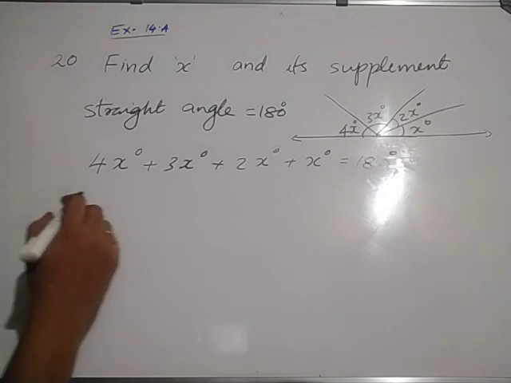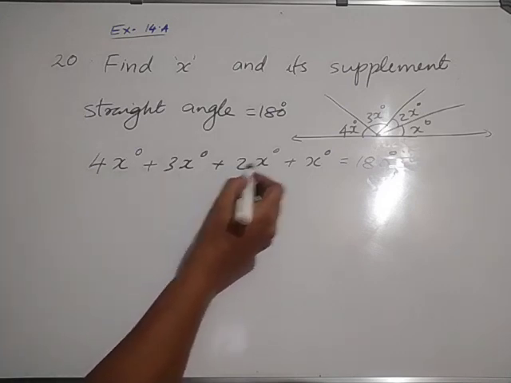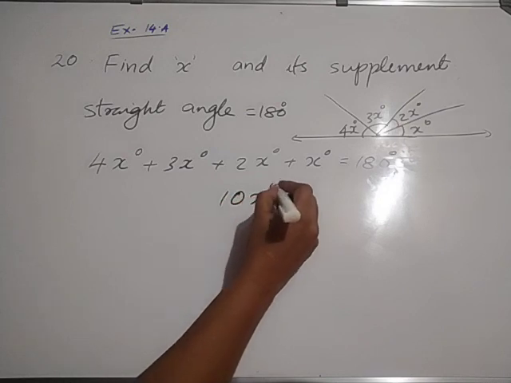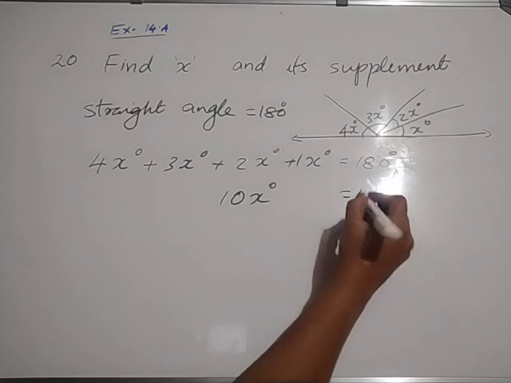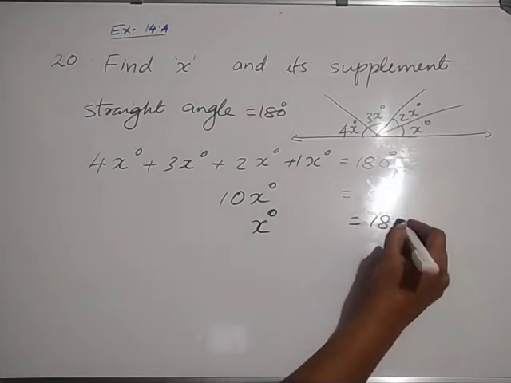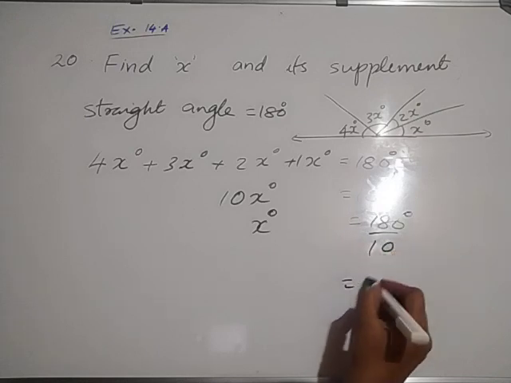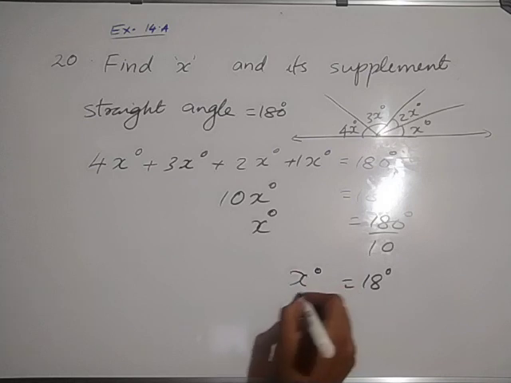Okay, now let us add them. 4 plus 3, 7. 7 plus 2, 9. 9 plus 1, 10. 10x. x degrees means 1x degrees. Okay, 10x degrees is equal to 180 degrees and x degrees is equal to 180 by 10, 18 degrees. So the value of x is 18 degrees.